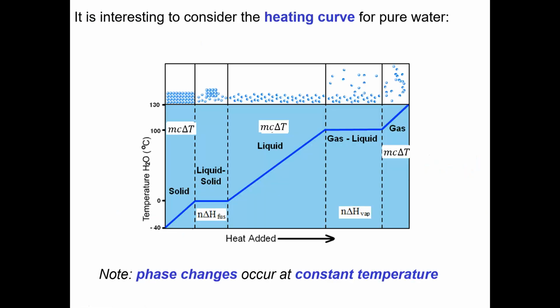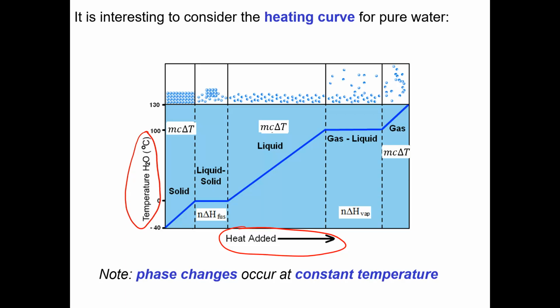So one way that people will study the energetics of phase changes is using what they call heating or cooling curves. What we've got here is someone has measured the temperature of water as heat is added, and they've also kept track of what phases are present.